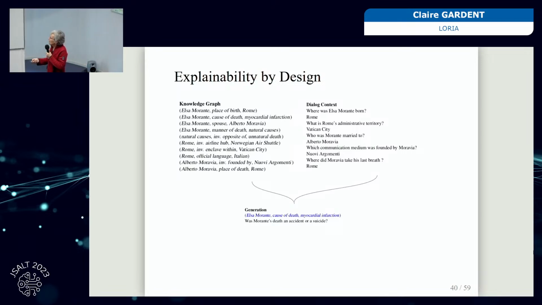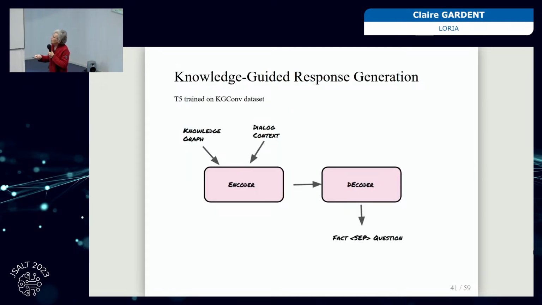So the idea is this: it's an encoder-decoder. As input, you have the knowledge graph from which you should retrieve the information that supports your turn, and the dialogue context, what has been generated previously. You encode both of these, and then you decode from the representation produced by the encoder. But instead of decoding just the next question, you first generate a text, a fact, and then you generate the question.